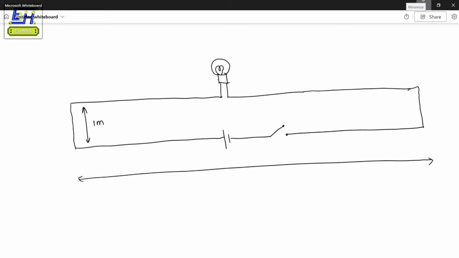So with our normal understanding, one would say that the energy will have to follow the complete path and then reach the bulb. But this is not the case. If we see it from the perspective of electromagnetic waves, as we just saw, they just radiate outwards.